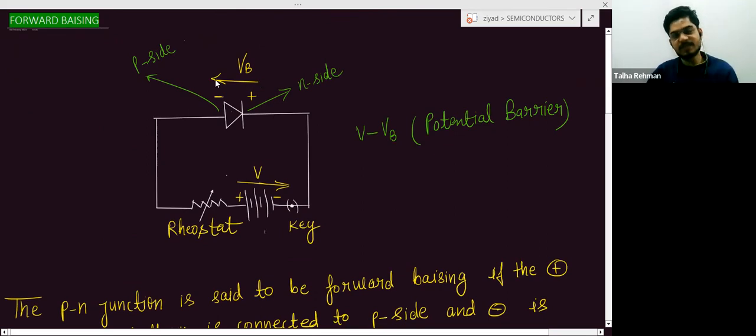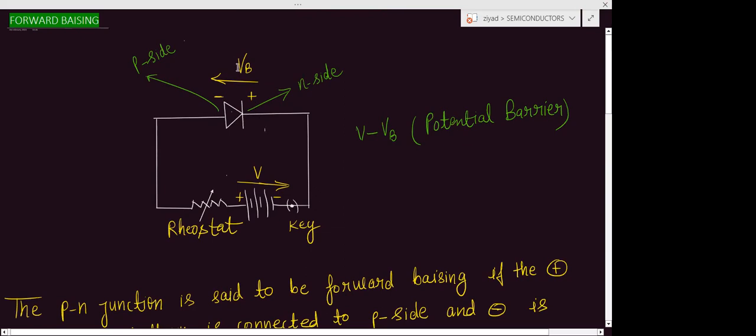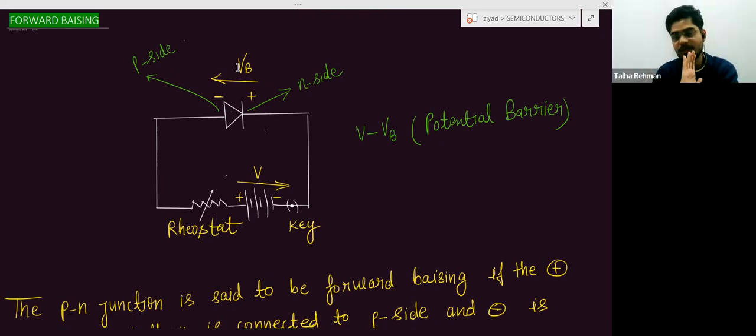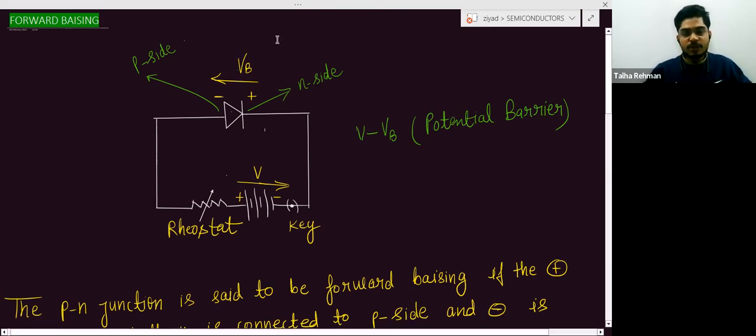In this direction we can take the direction of the potential difference. So both are in opposite directions. Again, this is a scalar quantity and direction is not significant, but we want the net voltage, so that is why I am telling it this way. The net potential difference, both being in opposite directions, is the applied voltage minus the potential barrier.